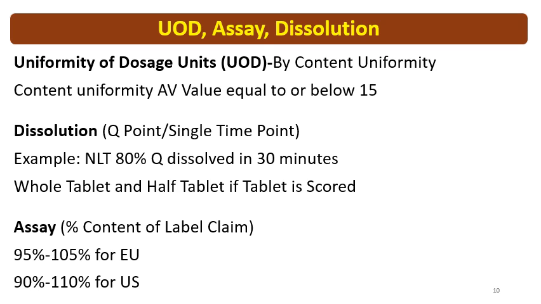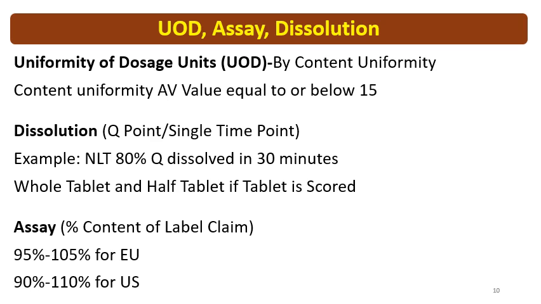Also, if the tablet is with a break line, then the dissolution of the whole tablet and the half tablet is to be done, and separate testing is required on the split part of the tablet or broken part of the scored tablet.